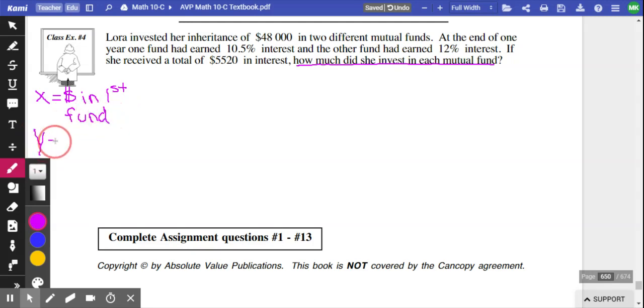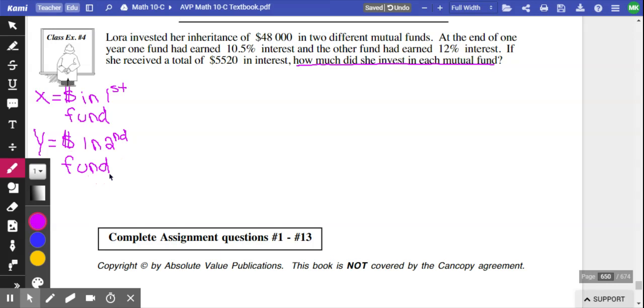Y is the money in the second fund. She took her money and put it in two different accounts. How much did she put in each account? That's the question. That means that's what my X and Y are.